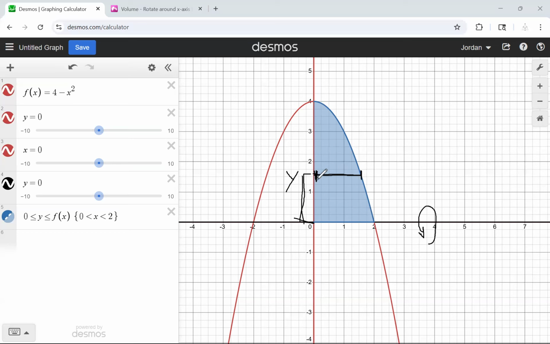Because our rectangles are going to be horizontal, when we integrate, we're going to be integrating with respect to y. And again, that makes my radius just down from arbitrary y value down to 0. Before I move on, I do want to point out that the y values go from 0 all the way up to 4 when I look at this region. So the region has y values which will go from 0 to 4.